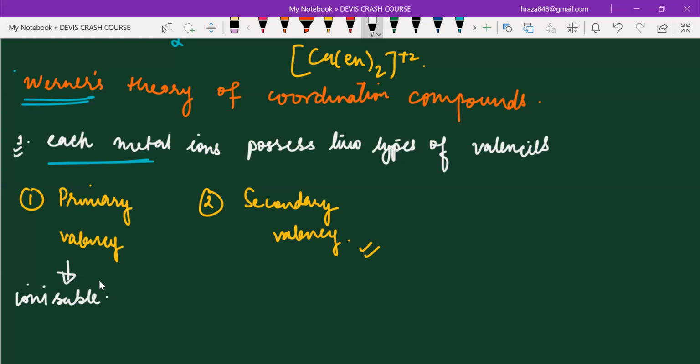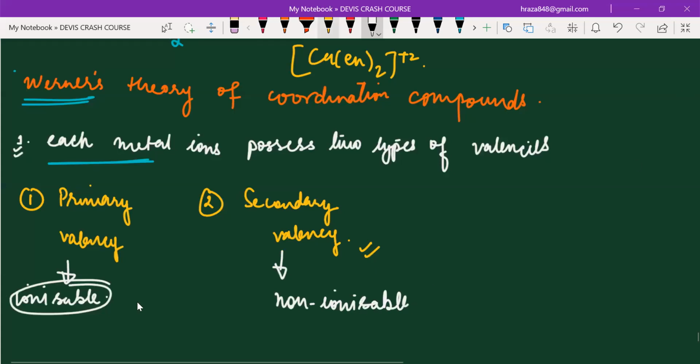And also this is ionizable and this is non-ionizable.